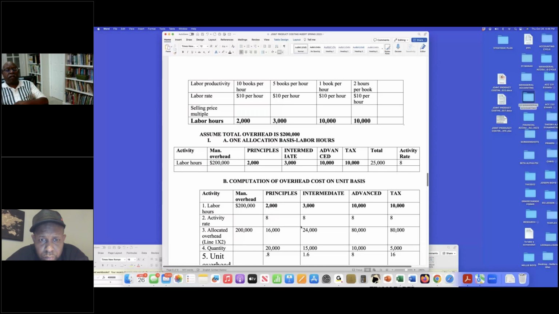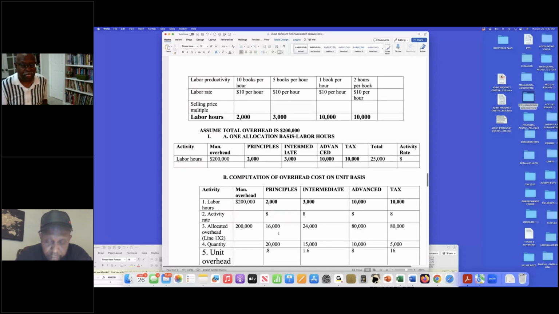So your share of this 200,000 is 16,000 overhead. Your quantity was 20,000, remember? Yes. So to get the unit overhead rate, we just divide overhead by quantity. We got 0.8.